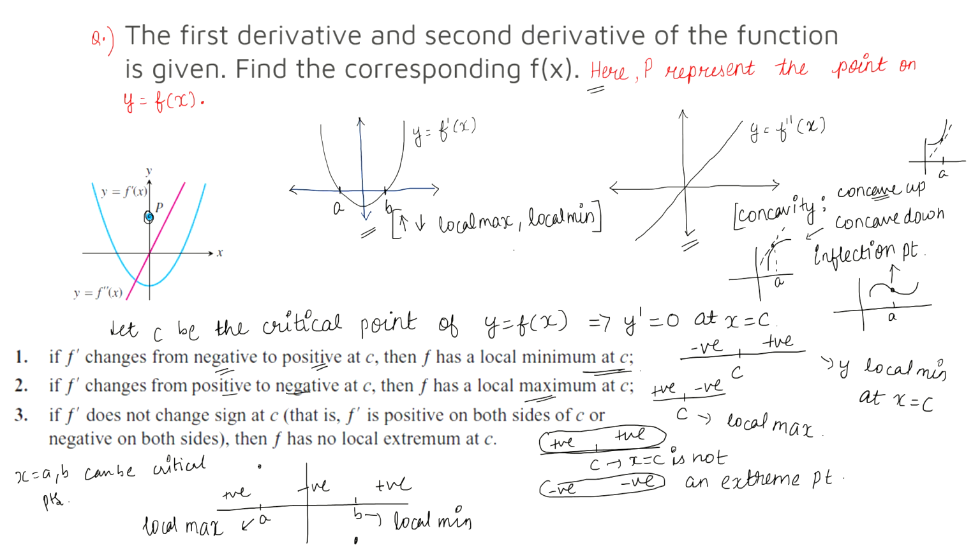Fine. So we know in which region the function is increasing and in which region the function is decreasing. Increasing in minus infinity to A and B to infinity. Decreasing in A to B. Local maximum at x equals A and local minimum at x equals B.